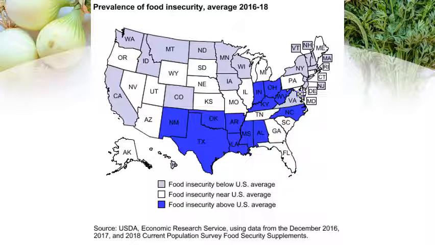Then you have in white where food insecurity is near the U.S. average. Tennessee meets the near average of food insecurity. Then you have the states that appear in blue. These states have a food insecurity average that is well above the rest of the United States.